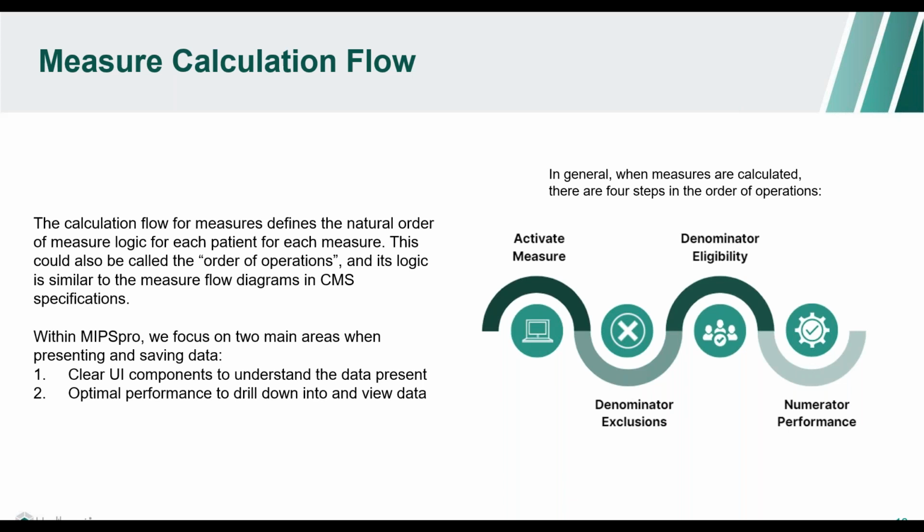We then look for whether the eligible population at the patient level has the numerator quality action to make that patient be identified as met or not met for the measure. And we'll go into the status definitions shortly.